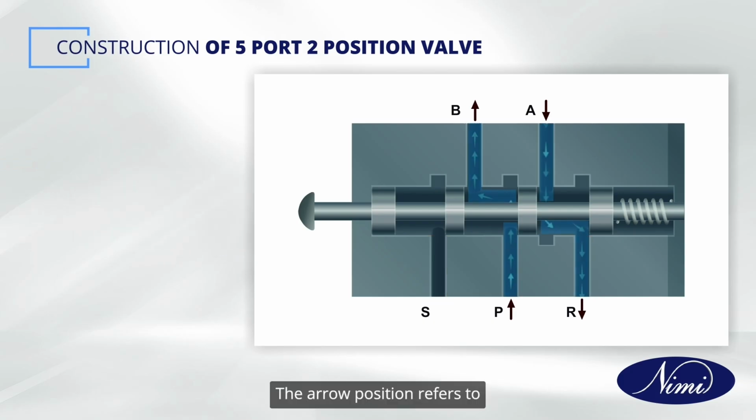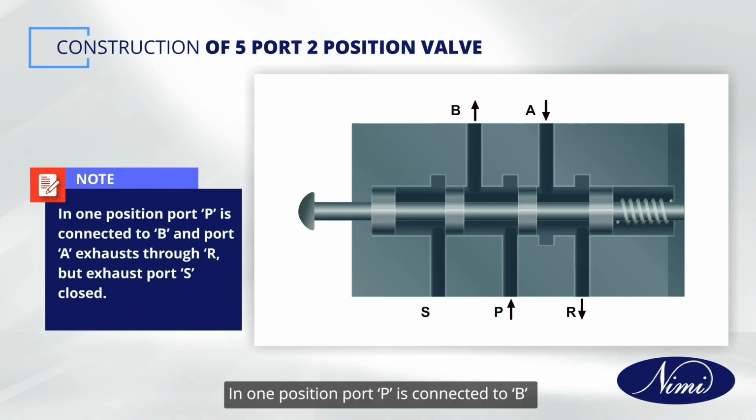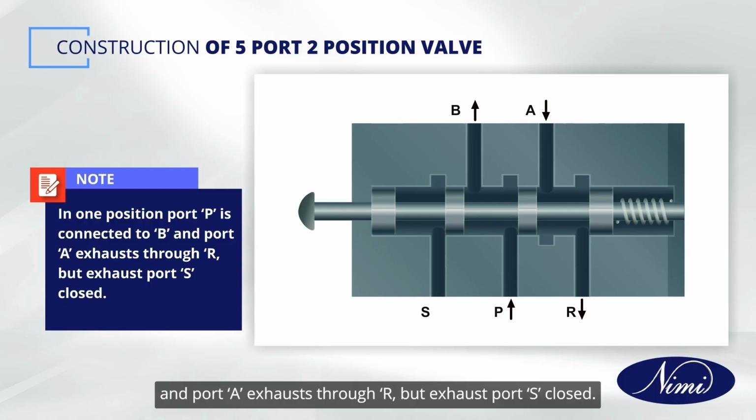The arrow position refers to the status of direction of airflow path in the valve. In one position, port P is connected to B and port A exhausts through R, but exhaust port S is closed.